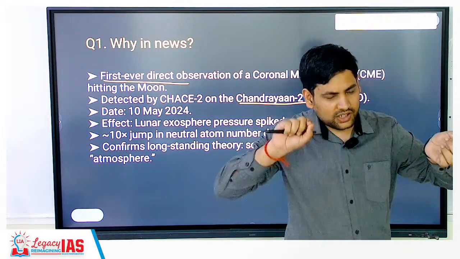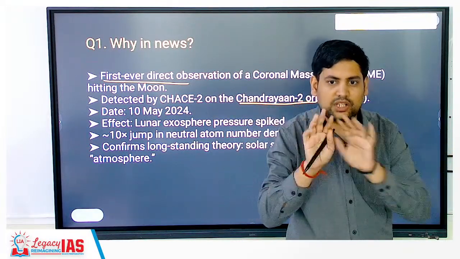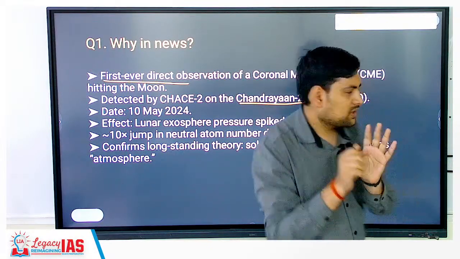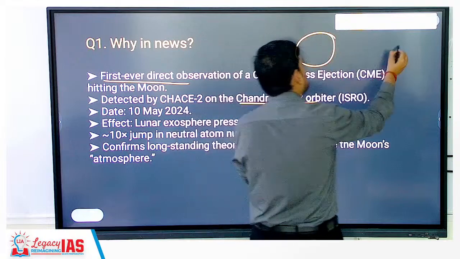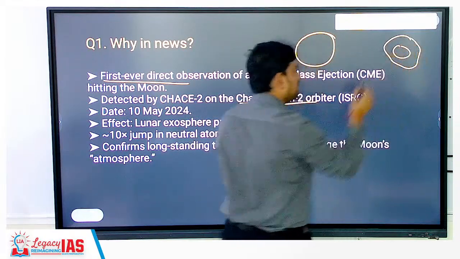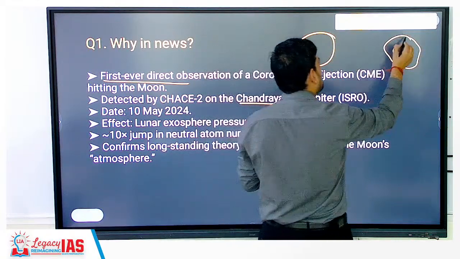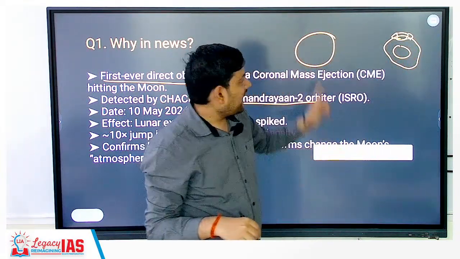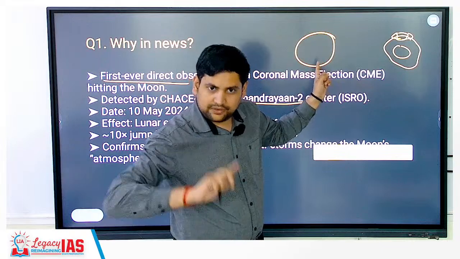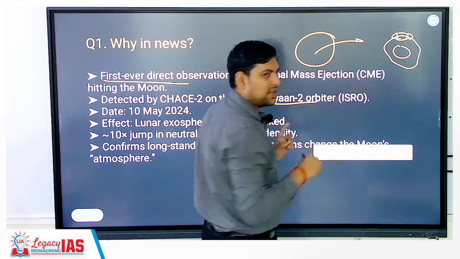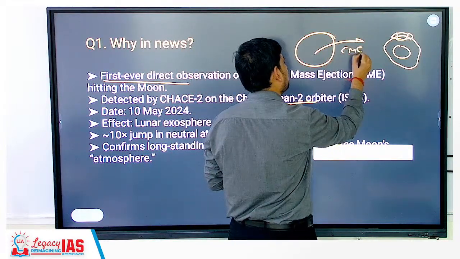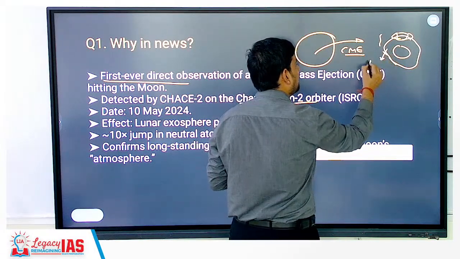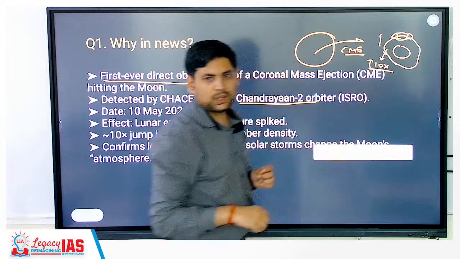Atmosphere is not the correct term. Around the moon, whatever space is there, it felt some different kind of pressure. So this was the sun, this was the moon, and this is the space around the moon where our satellite is rotating. When there was a coronal mass ejection, CME, a phenomenon by the sun, it was observed that the pressure in the exosphere increased by 10 folds.